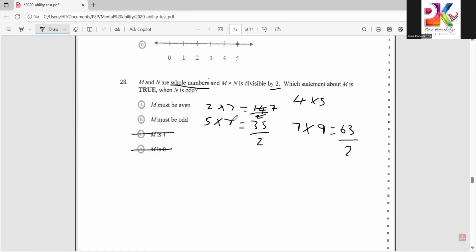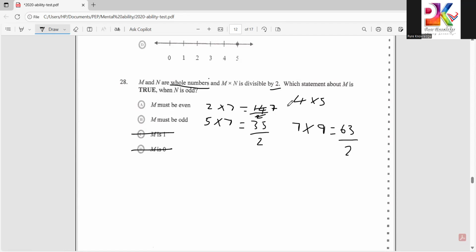That is why, if you're wondering why these numbers are odd, it is because N has to be odd. N is always odd in this scenario, and we're trying if M is even.